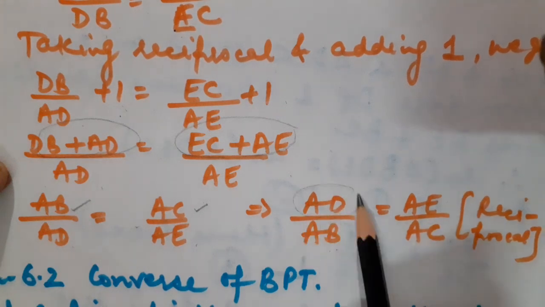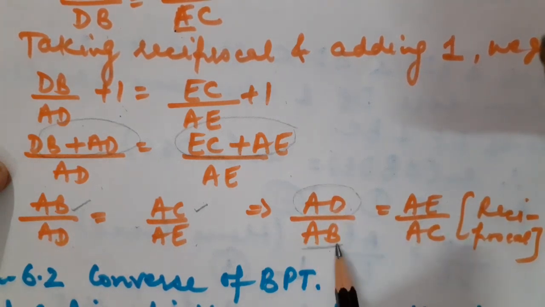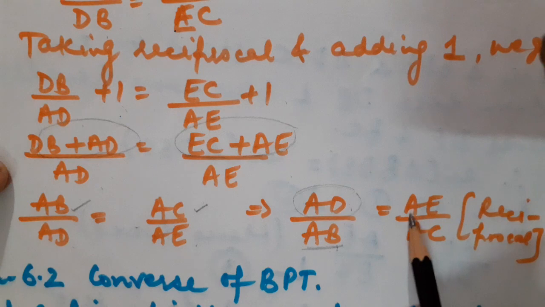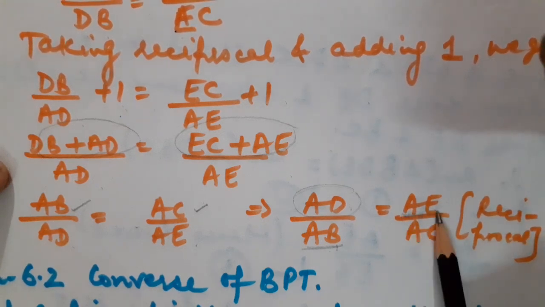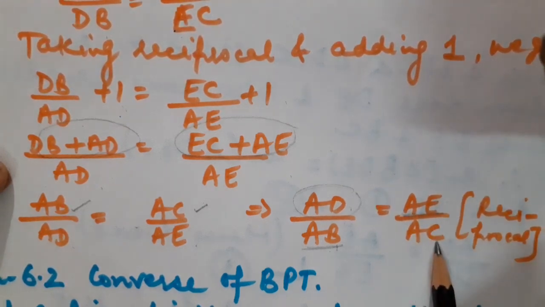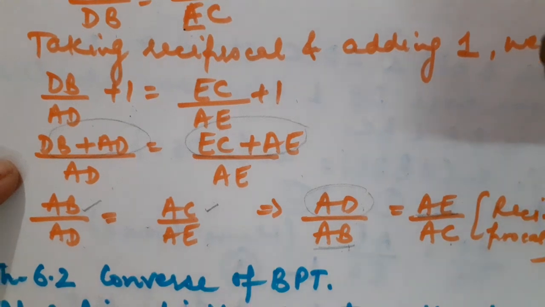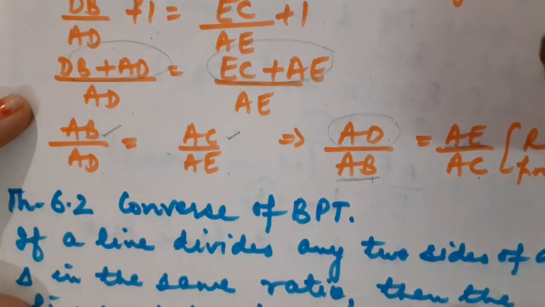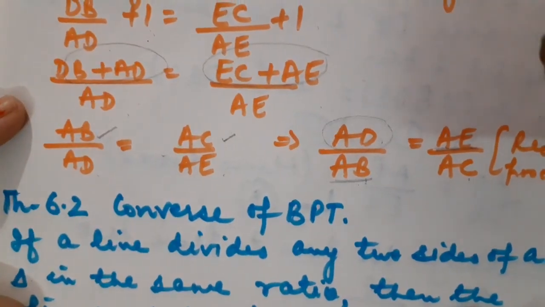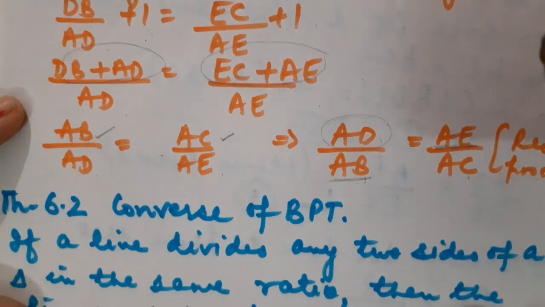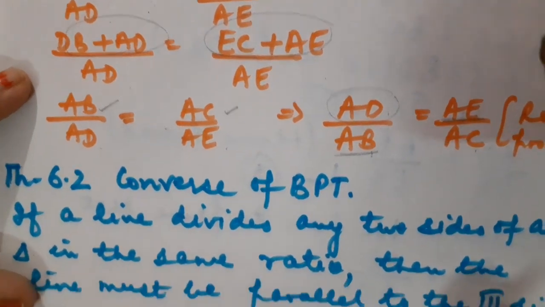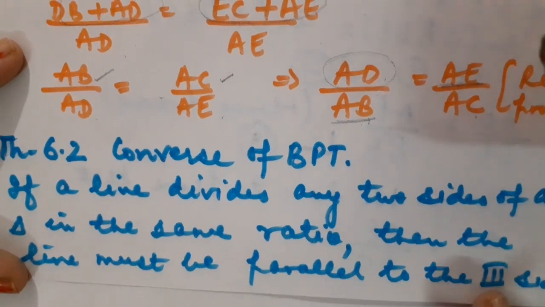This is the smaller part of the smaller triangle, this is the complete side of the bigger triangle, equal to again the smaller side divided by the complete side of the triangle. Got it, children? So sometimes while solving the question we have to apply the corollary also of BPT.